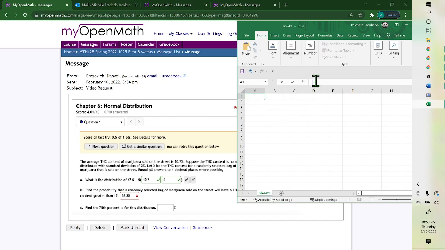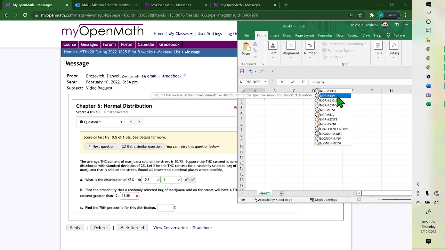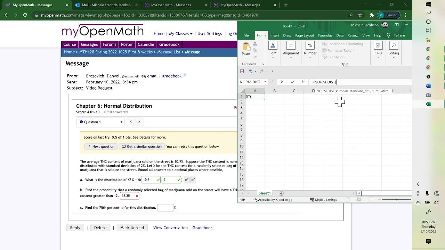If I click here and put equals norm, there's distribution and inverse. If you double click on it, it tells you what you need. When you're using distribution, you're given an X value, the mean and the standard deviation, so you're looking for the percent.